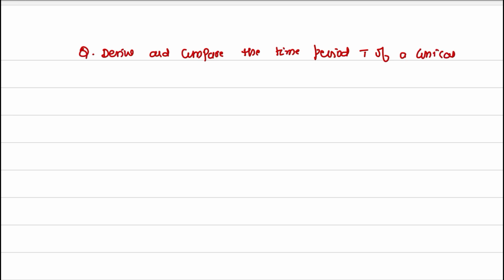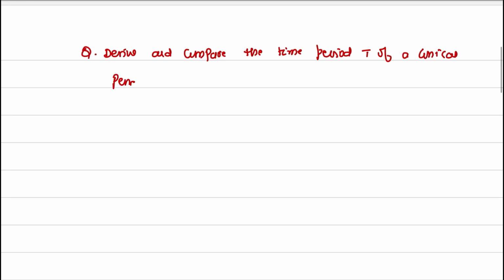Now, the question is: derive and compare the time period T of a conical pendulum with a simple pendulum.